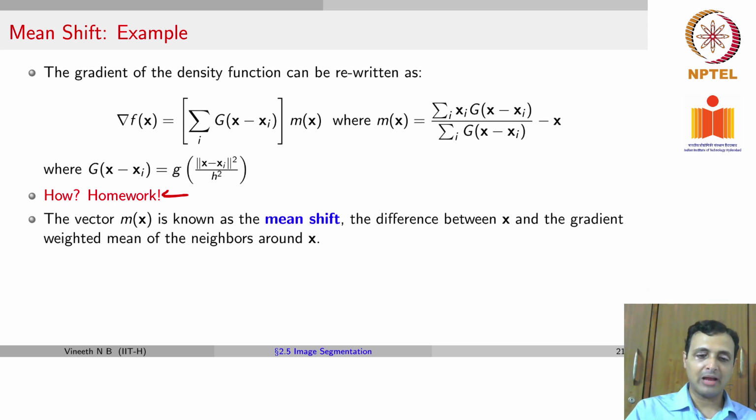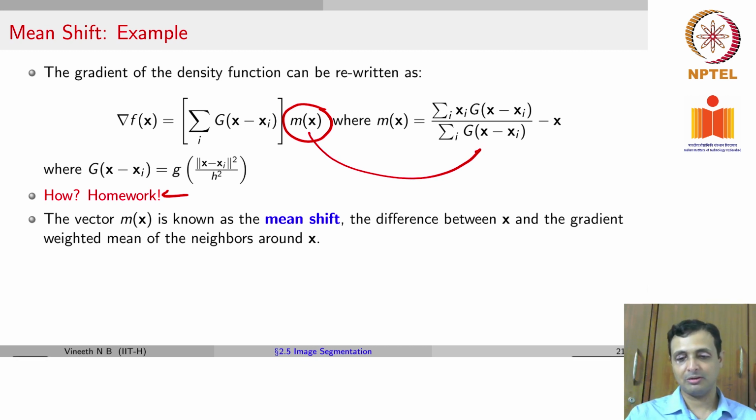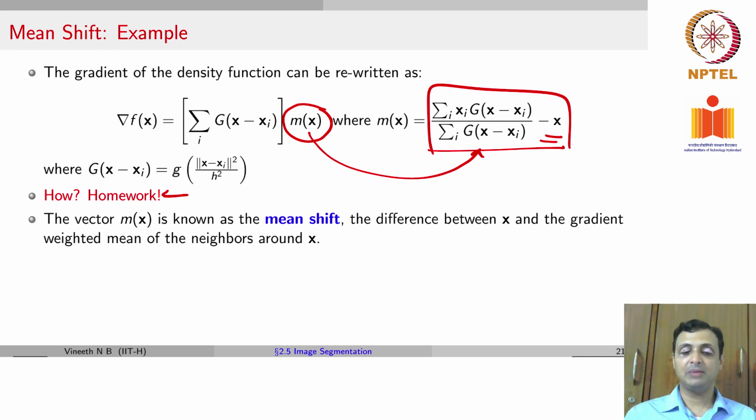This vector m of x, which corresponds to the gradient, is also known as the mean shift. It's the difference between x and the gradient weighted mean of the neighbors around x. x is where you place the filter, and x minus xi's are the values in the range of that filter, and you do convolution, very similar to how we saw convolution earlier.